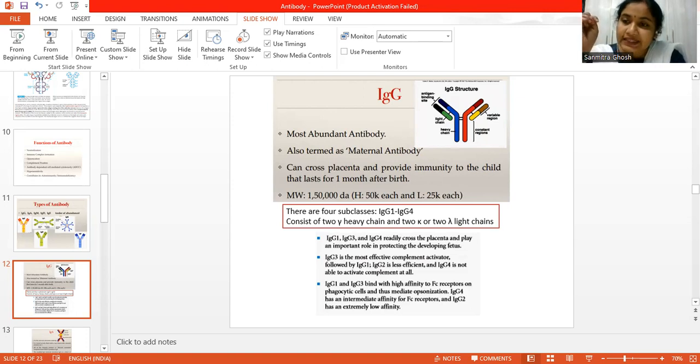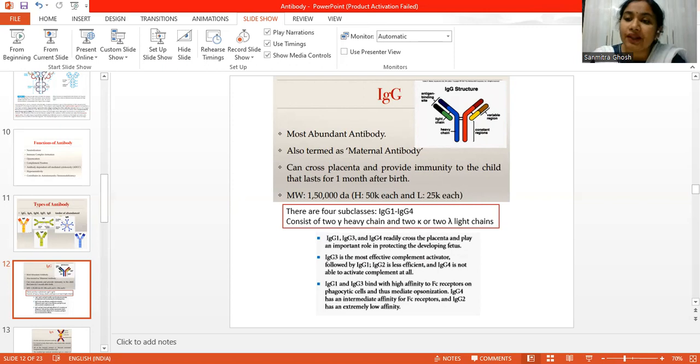Now again, IgG1 and IgG3 can bind with great specificity and high affinity to the receptor of the Fc region on the phagocytic cell, and they can mediate the opsonization. IgG4 and IgG2 play minimal roles in opsonization as well as in complement activation.